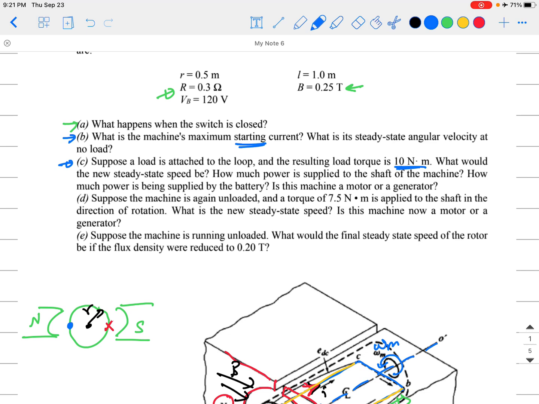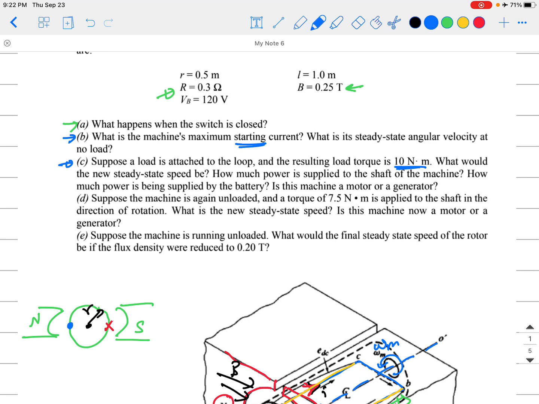Again, talk to yourself like this: adding a load to the shaft will act like a brake, so the motor will start to decelerate a bit. So you are expecting the new speed to be less than the no load speed. If it is not, that means you're doing something wrong. Keep that in mind. What would the new steady state speed be?